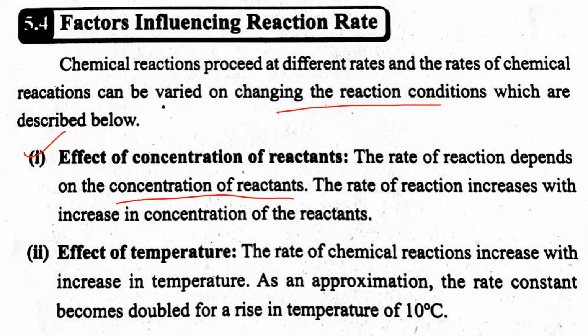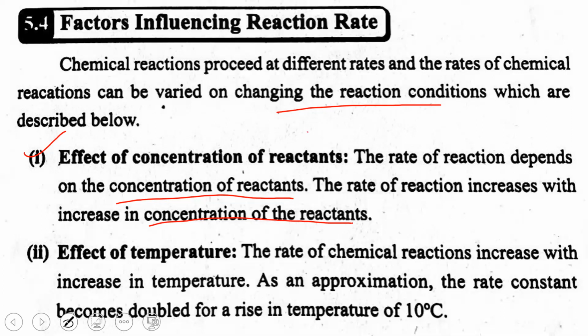Then automatically the rate of the reaction increases with an increase in the concentration of the reactants. If you decrease the concentration of the reactants, then what happens to the rate of the reaction? It automatically decreases.